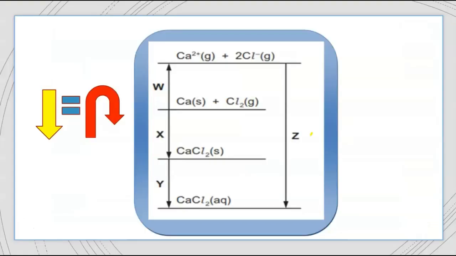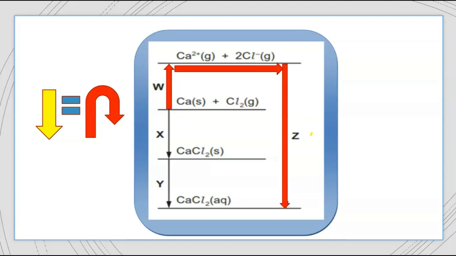it. Now, simple basic rule, path 1 is equal to path 2. This is Hess's law, if we need to reach the same place, the same destination. So you can see there is one way to reach calcium chloride aqueous according to the directions of the arrows.